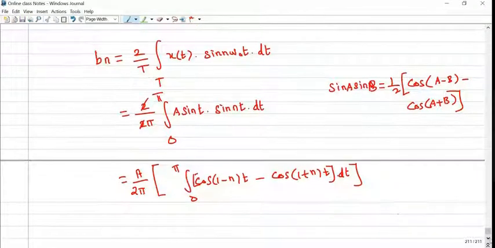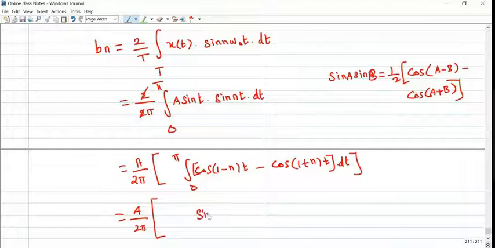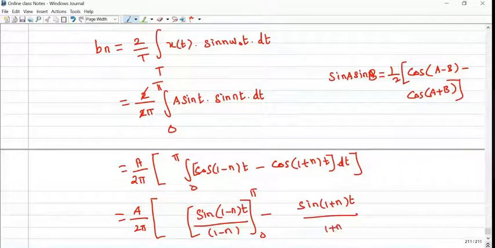So integrate the cosine, then apply the limit 0 to pi. A divided by 2 pi, sine of (1 minus n)t divided by (1 minus n), substituting the limit 0 to pi, minus sine of (1 plus n)t divided by (1 plus n), 0 to pi.